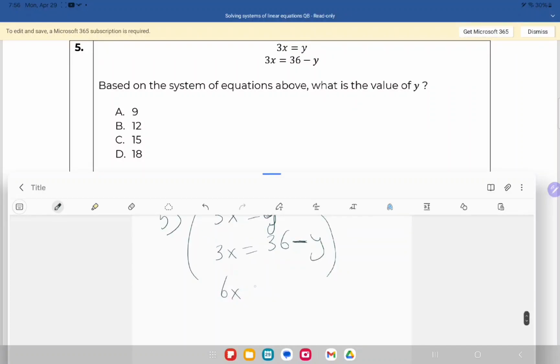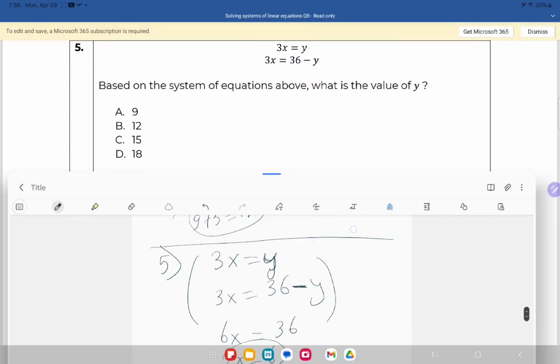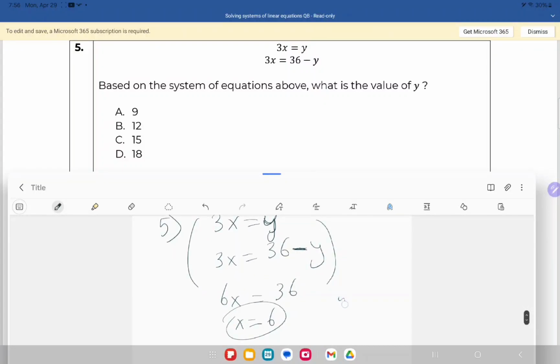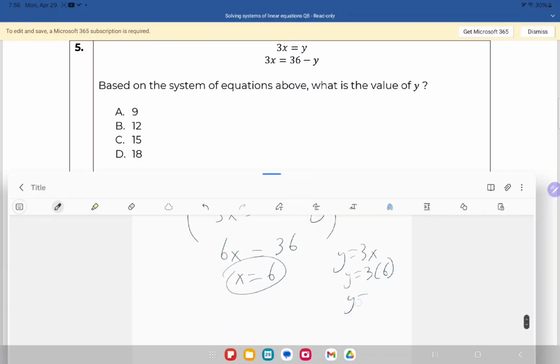I will end up with 6x is equal to 36. x is equal to 6. 6 times 6 is equal to 36. So if x is equal to 6, how much is y? y is equal to 3x, so y is equal to 3 times 6, which is 18. y is equal to 18.